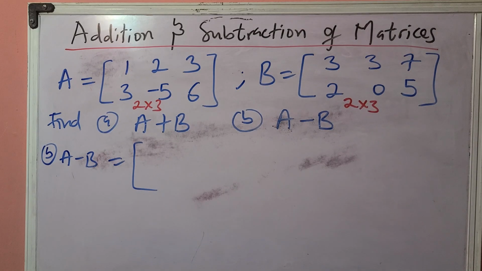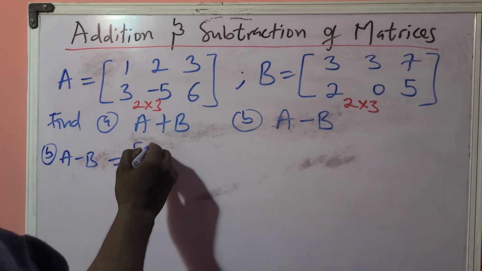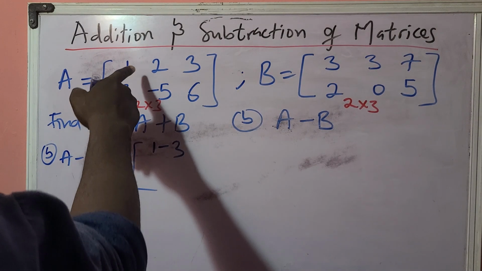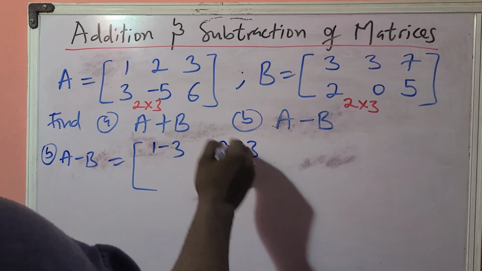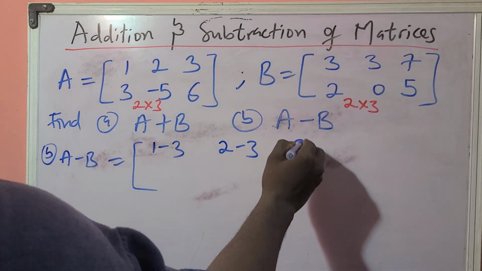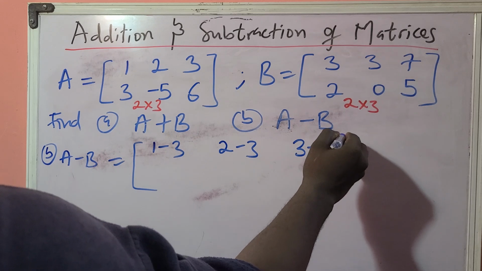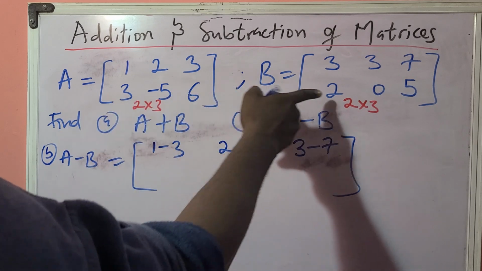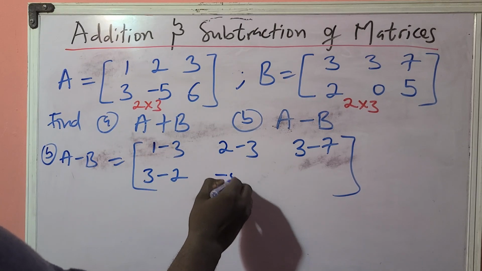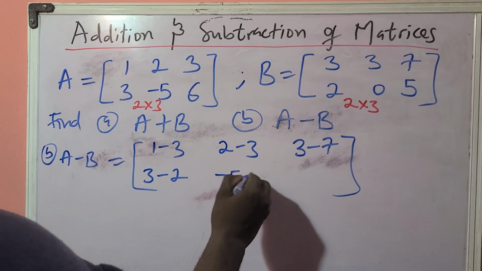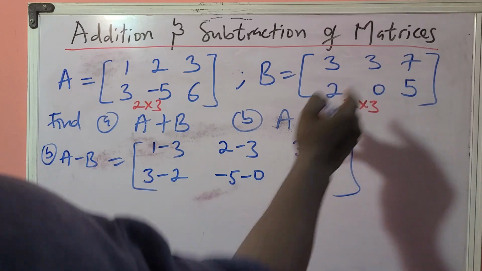So what you will be having will be 1 minus 3 as the first value, 2 minus 3, 3 minus 7, and you follow just that way: 3 minus 2, minus 5 minus 0, then 6 minus 5.